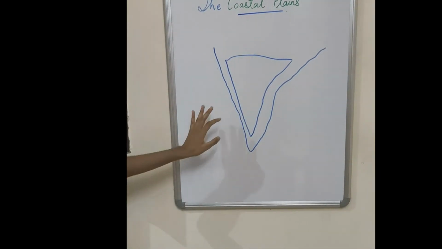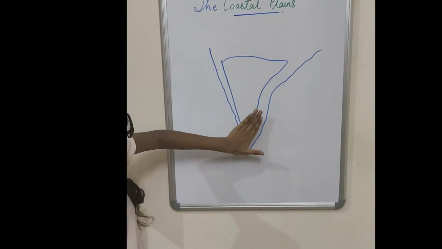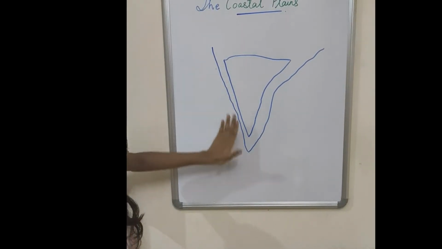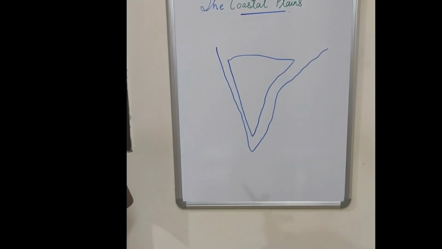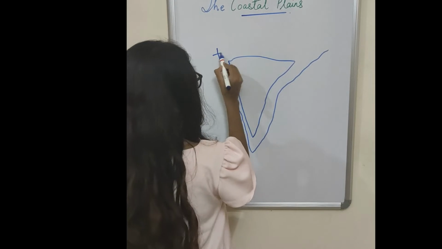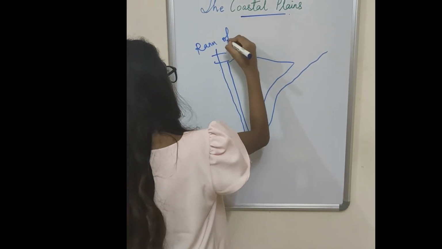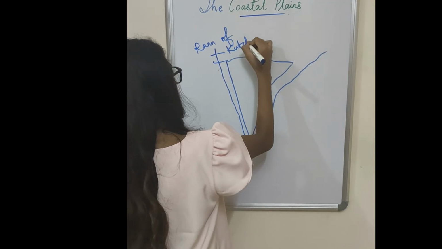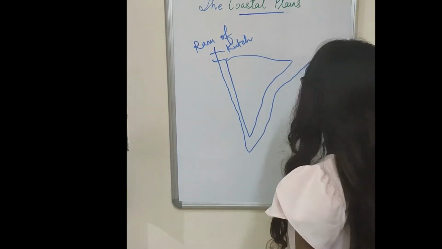So the fringes, the edges, so this part, okay, and this part. The fringes of the Peninsular Plateau are nothing but the coastal plains, okay, and they extend from the Rann of Kutch in Gujarat till the Ganga Delta in West Bengal.